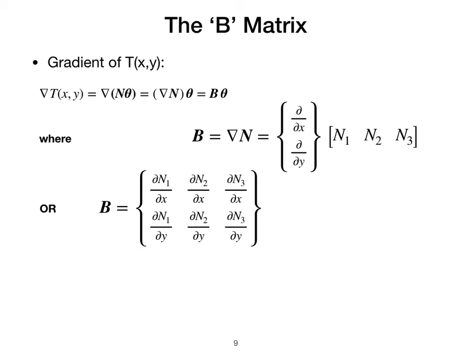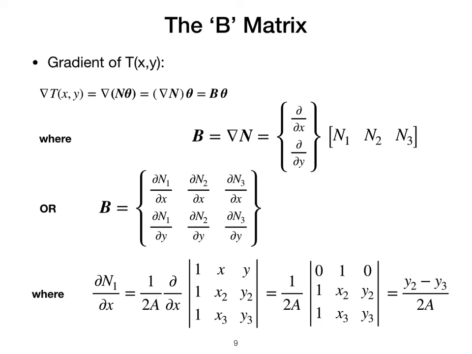So the members will be del n1 over del x, del n2 over del x, del n3 over del x, del n1 over del y, del n2 over del y, and del n3 over del y, where del n1 over del x is equal to 1 over twice the area of the triangle multiplied by the derivative of the determinant of the matrix 1 x y, 1 x2 y2, 1 x3 y3, which will be equal to (y2 minus y3) over 2A.